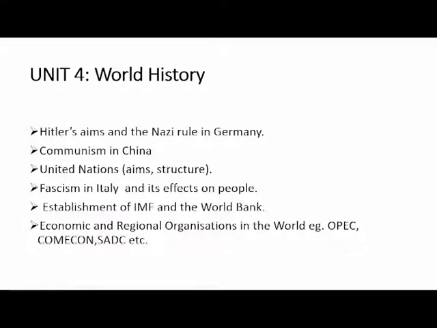Okay? We should also know about communism in China. So for you to know how communism was practiced in China, you should first know the definition or the meaning of the word itself, communism.